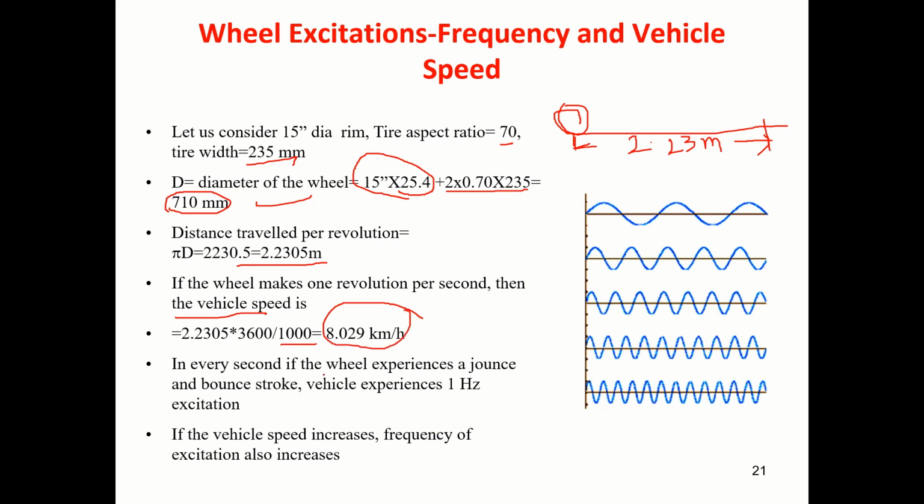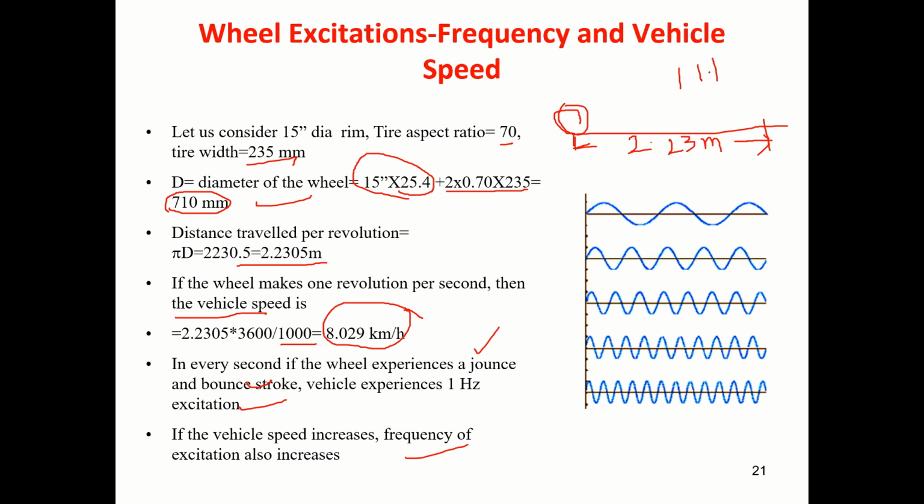So in every second, if the wheel experiences a jounce and a rebound stroke, the vehicle experiences 1 Hertz excitation. Correct? So if the vehicle speed increases, the frequency of excitation also increases. I am considering 1 rotation of the wheel per second equal to 1 Hertz frequency.